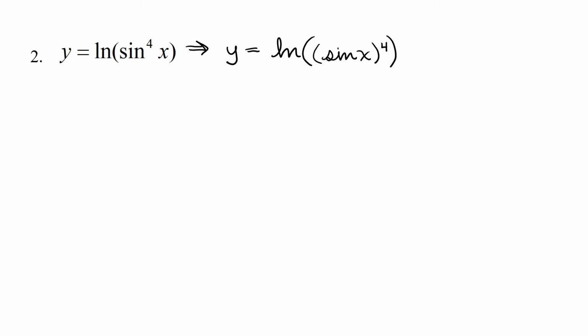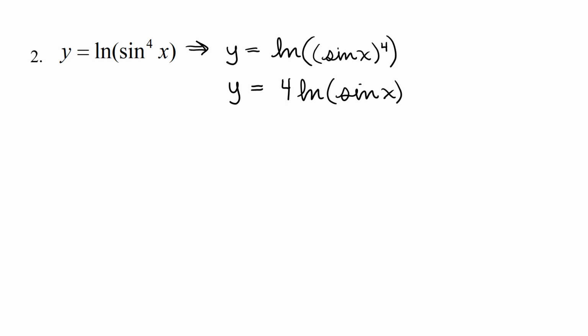And we can actually use the properties of logarithms to continue to rewrite this. So that'll be y is equal to 4 times the natural log of sine of x. So we still have one layer of chain rule, but that's only one fewer, but that can make a big difference than if we looked at this, where we'd have 3 layers of chain rule.